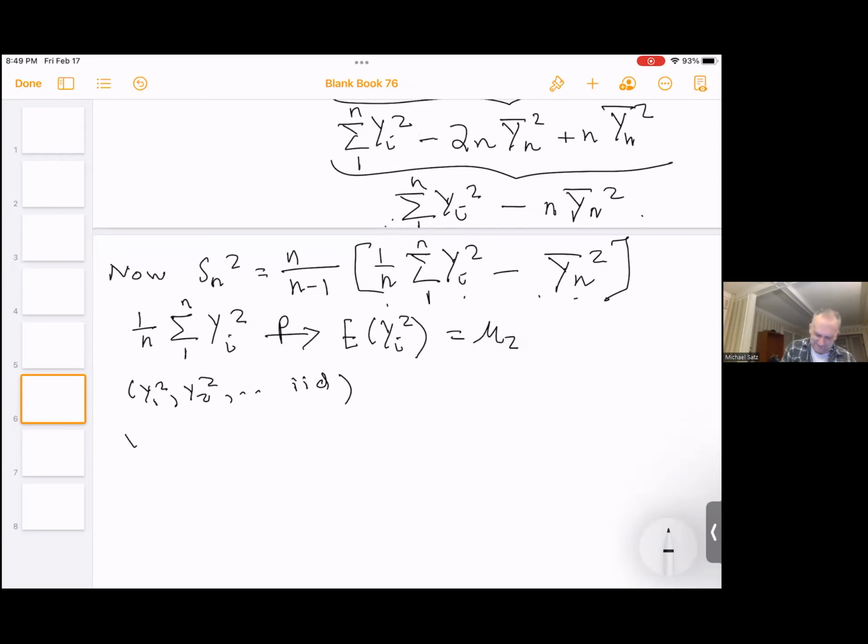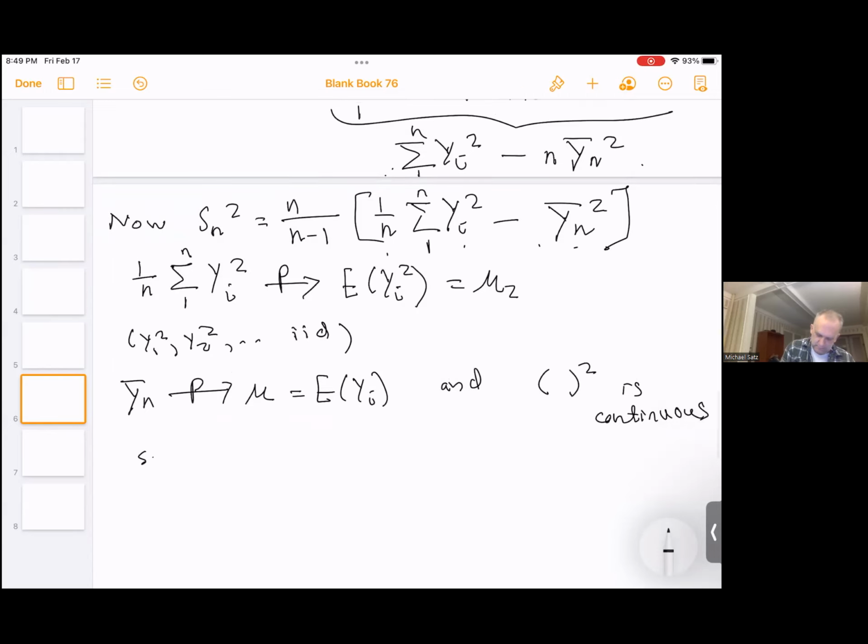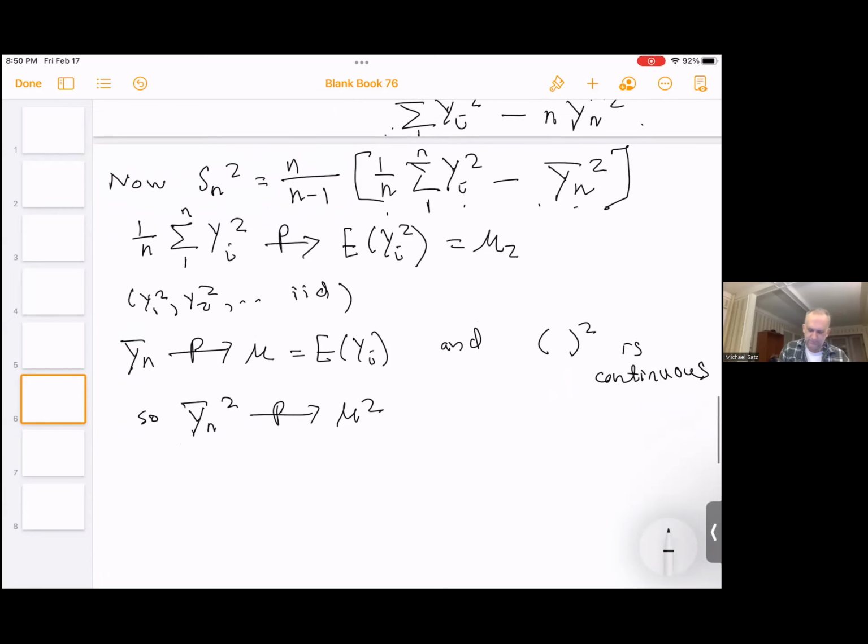What about this? We know Y bar n converges in probability to mu, which is E of Yi. And the square function is continuous everywhere. Okay, that's good.